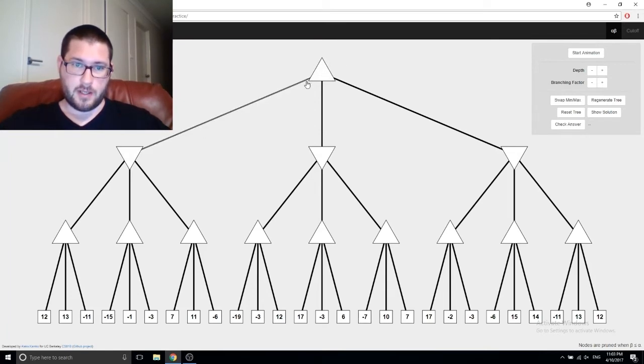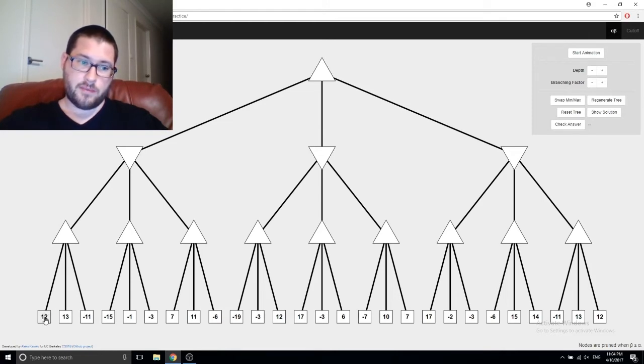So it will pass down -infinity and +infinity to this node, and it will pass the same values down to this node. Now, if it's a maximizing node, it's going to be trying to push the value of alpha up. So every time it checks one of its children, it will compare the value of that to the value of alpha that it already has, and it will choose the maximum of those two values to become its new alpha value.